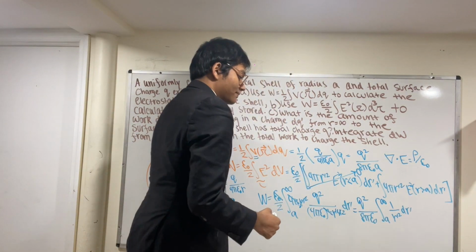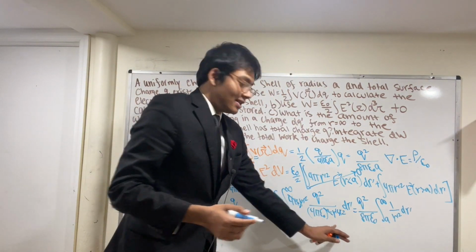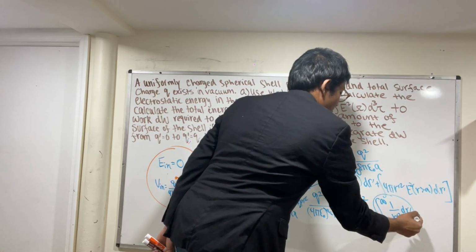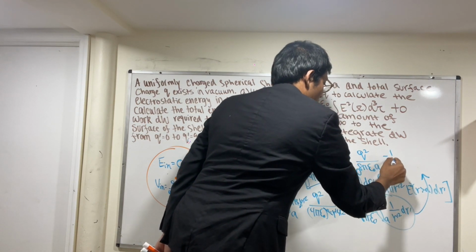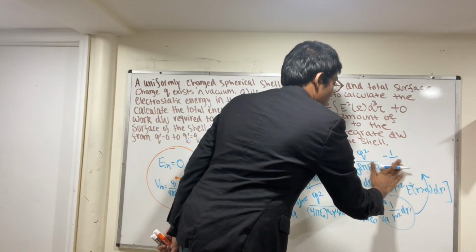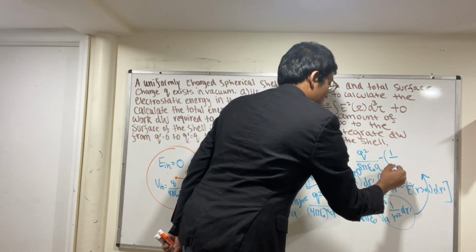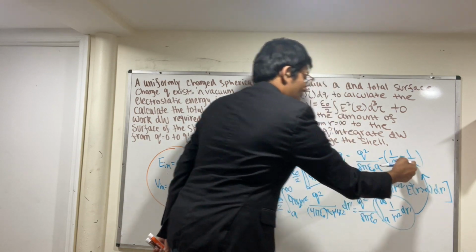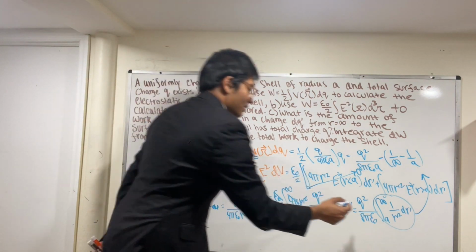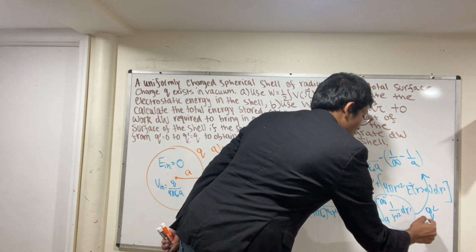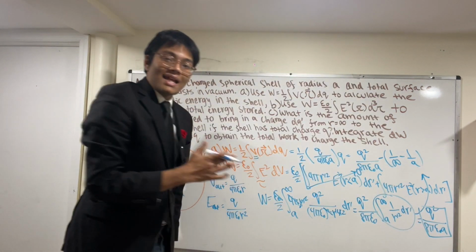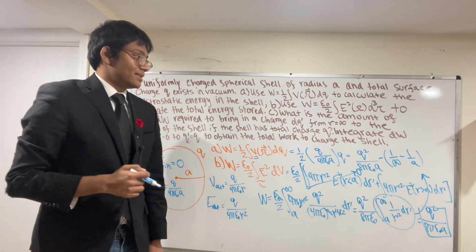This is simply going to be minus 1 over r prime, as r prime goes from a to infinity. So this is going to be minus 1 over infinity minus 1 over a, giving us a positive 1 over a, and thus leaving us with the following energy. This is equal to q squared over 8 pi epsilon naught a. And there you go. We get the exact same energy in 2 different ways.